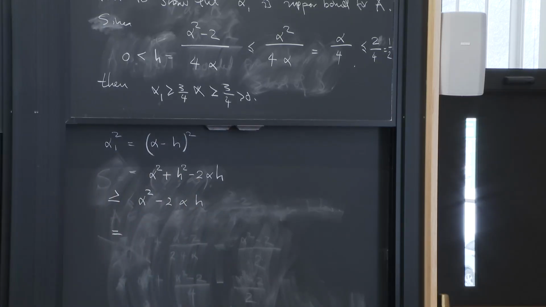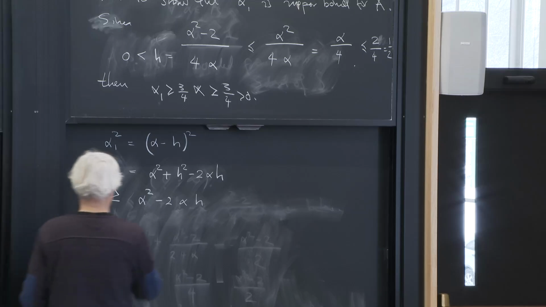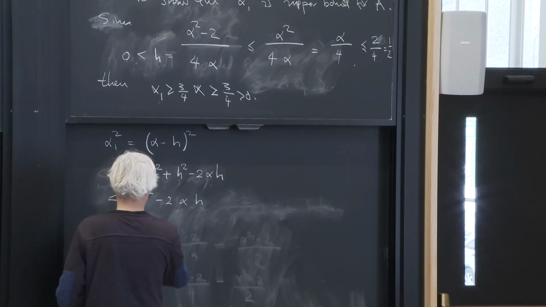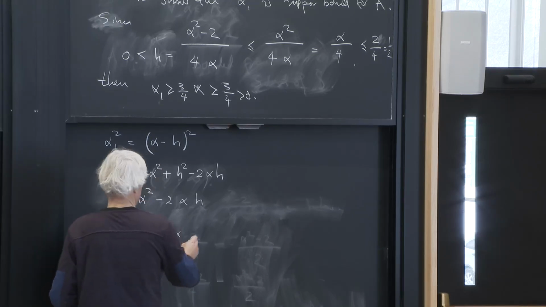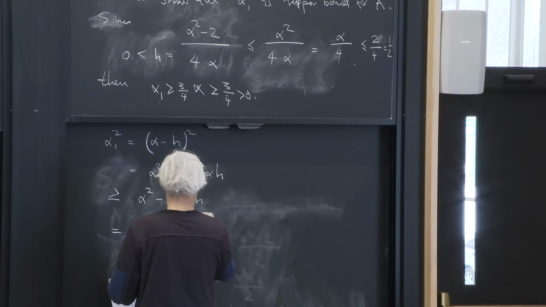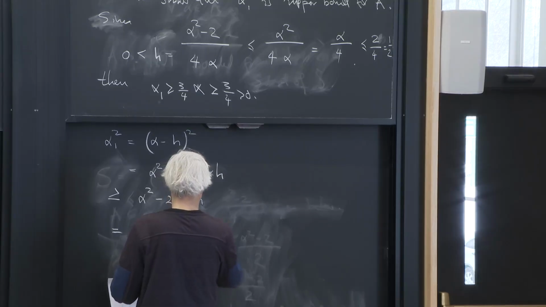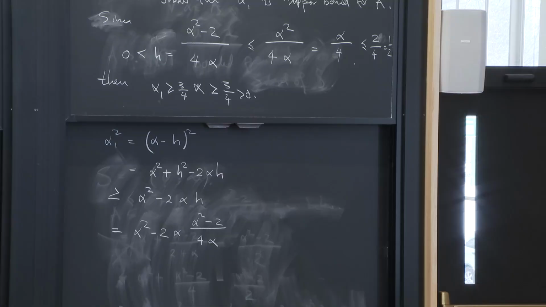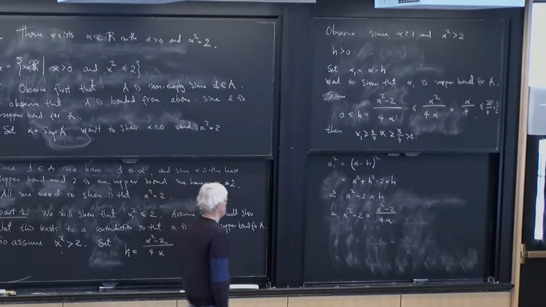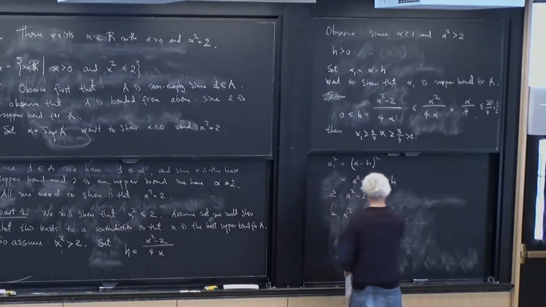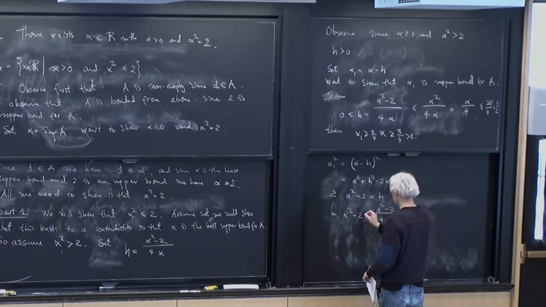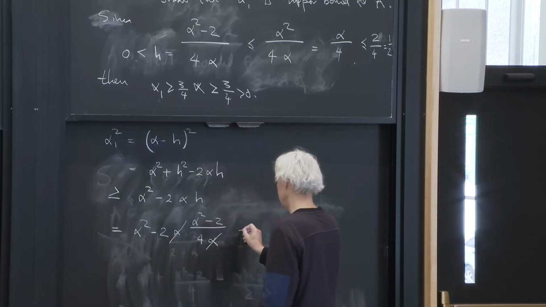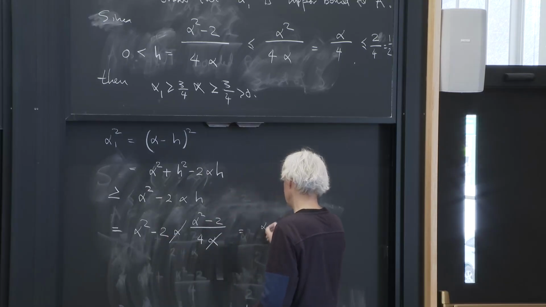And this is equal to alpha squared minus 2 alpha, and I fill in what h was, this here was h. And then you see that this here cancels with that, and you're getting alpha squared.